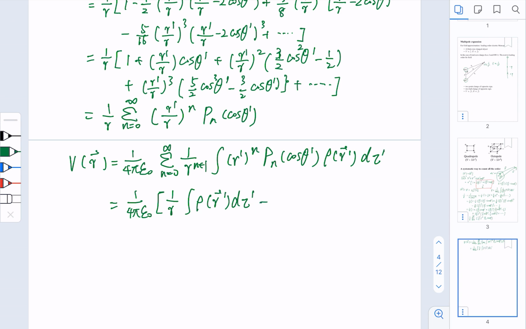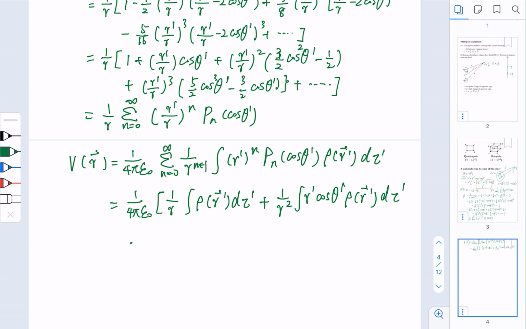And then the second term begins with 1 over r squared. And now we can see that there is an r prime contributing, and the P_1 cosine theta prime is the cosine theta prime. Sorry. And then we need to add this density distribution.